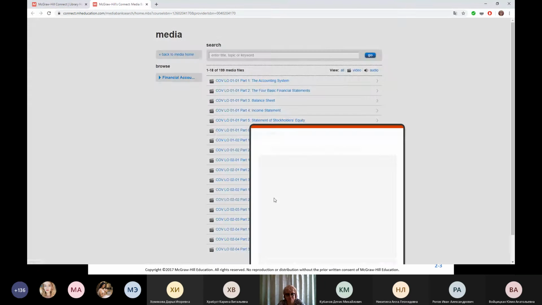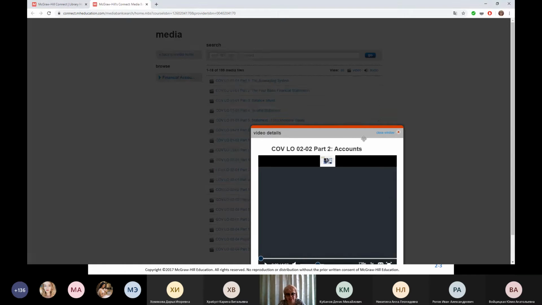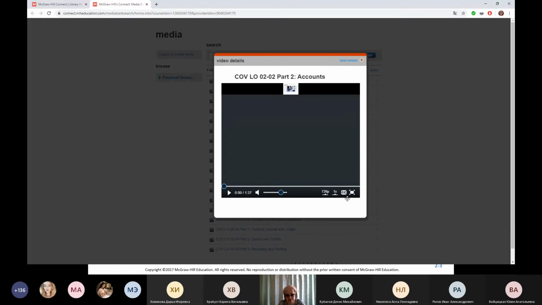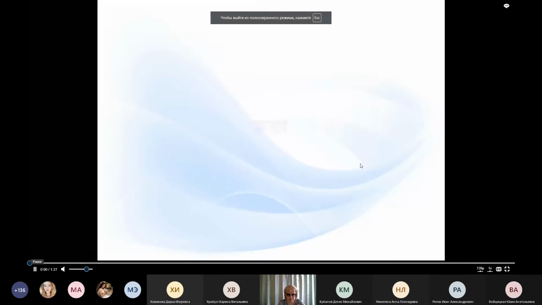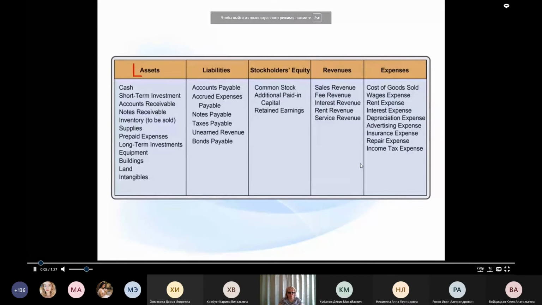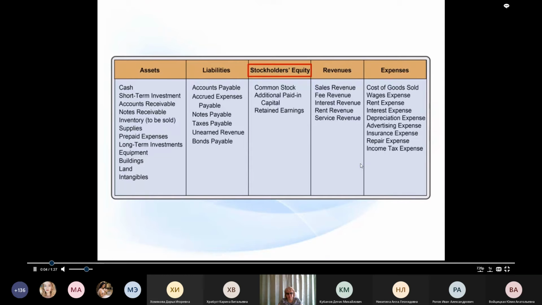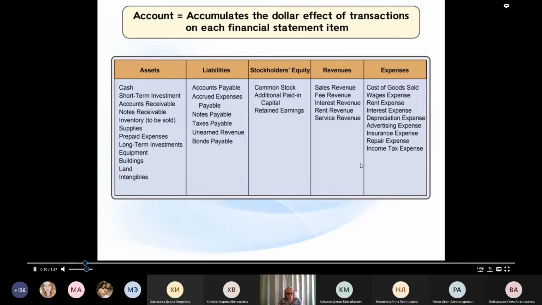Accounts. This is the heart of accounting language. Attention, please, to understand what it means. Companies keep track of individual asset, liability, stockholders' equity, revenue, and expense items using a standardized format called an account. An account accumulates the dollar effect of transactions of a given financial statement item.